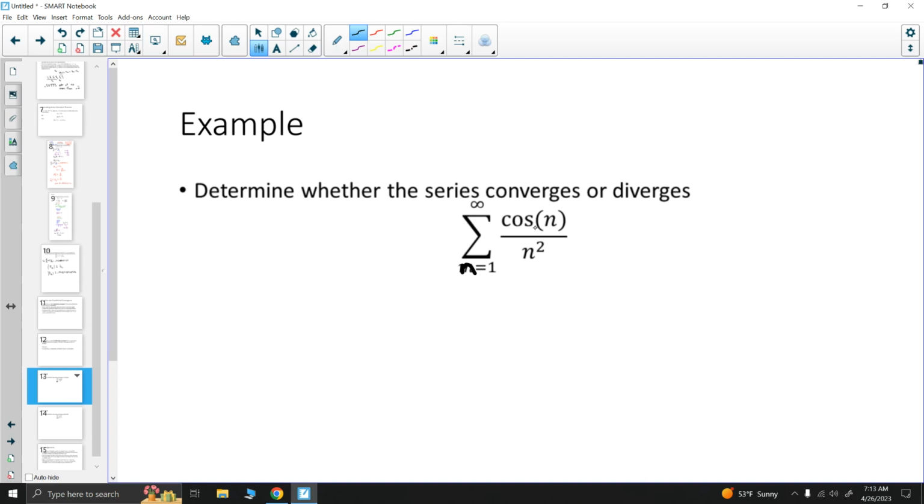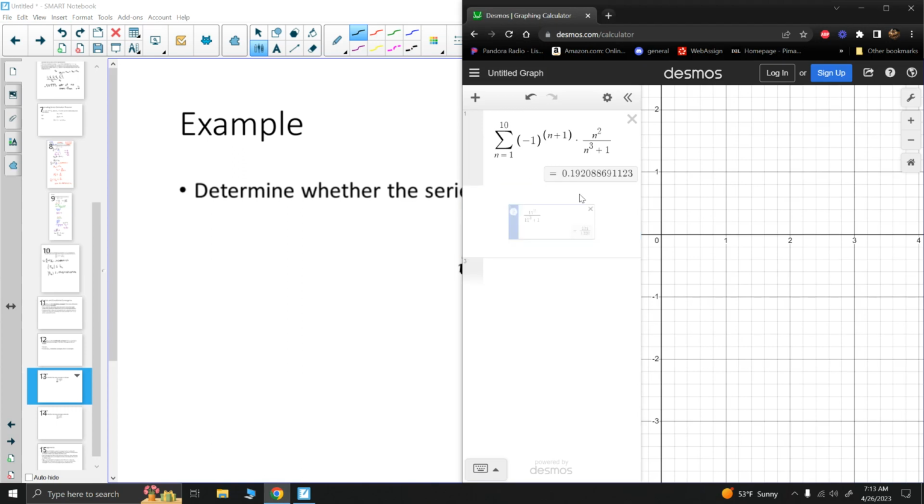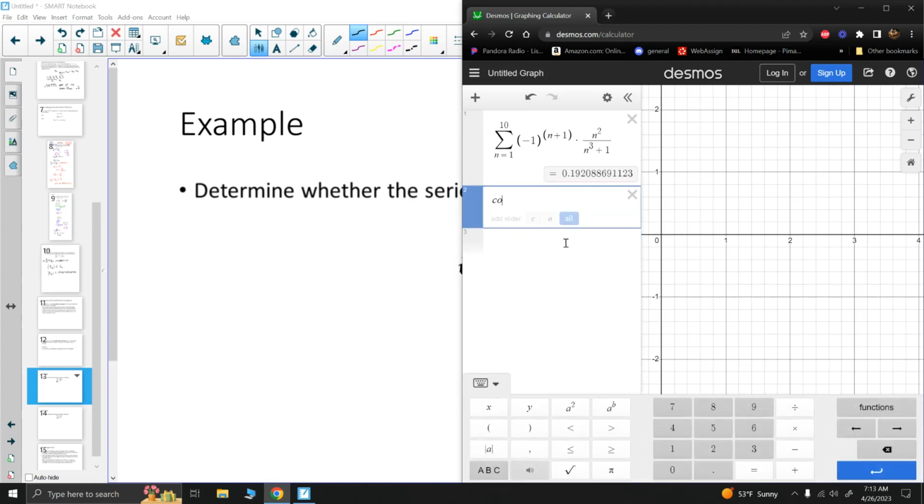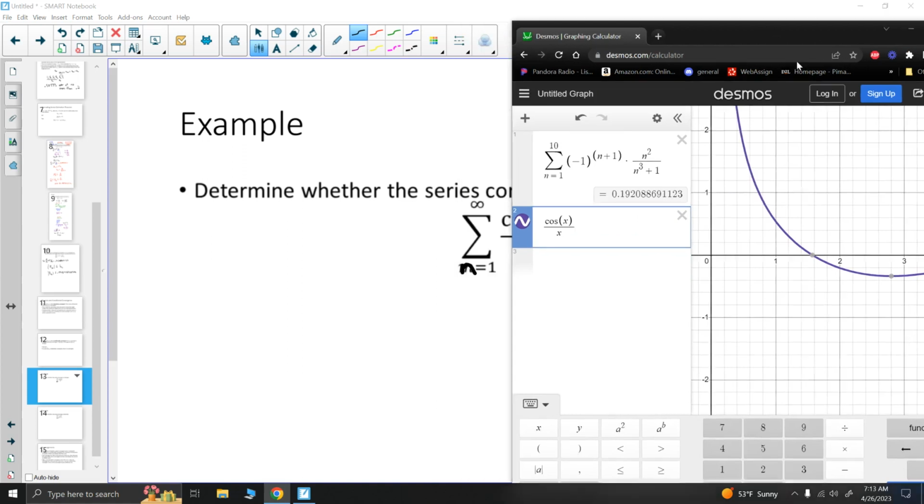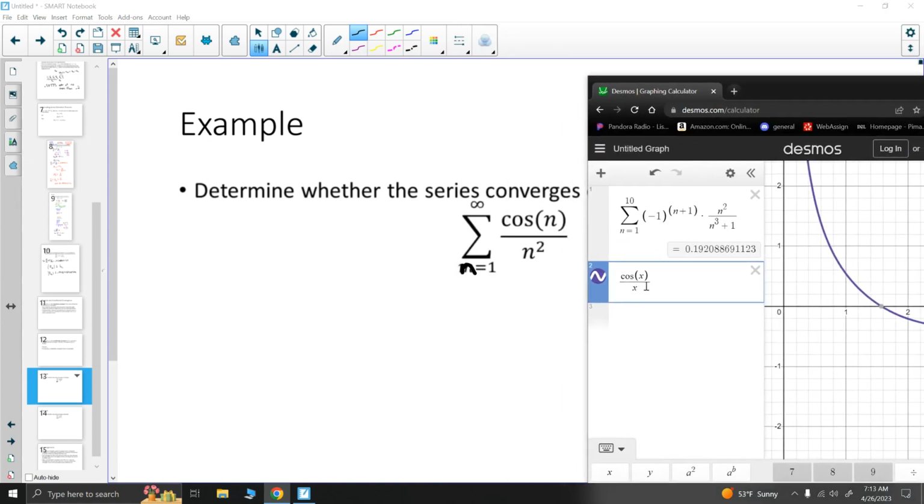Now, cosine n over n squared: cosine goes between -1 and +1 depending on n.